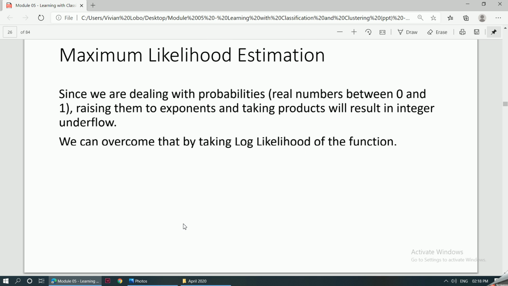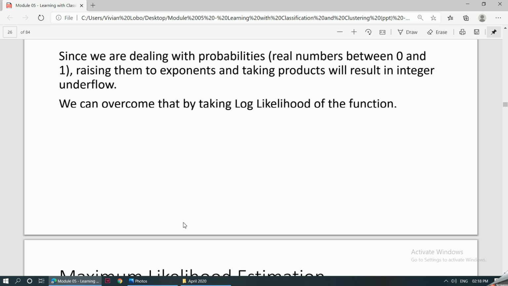In maximum likelihood estimation, since we are dealing with probabilities, that is numbers that lie between 0 and 1, raising them to exponents and taking the products will result in numerical underflow. So we cannot work with such exponential values. We can overcome this by simply taking the log of the given function.